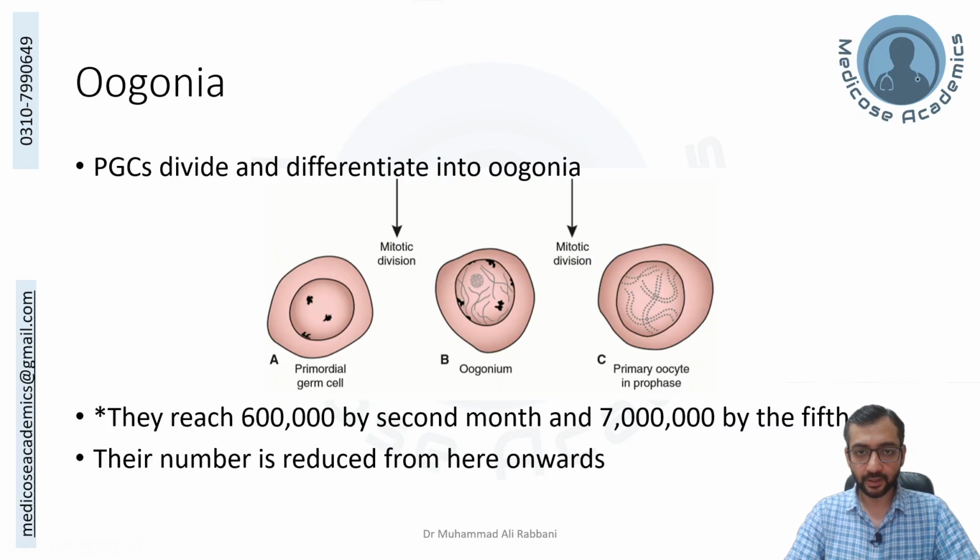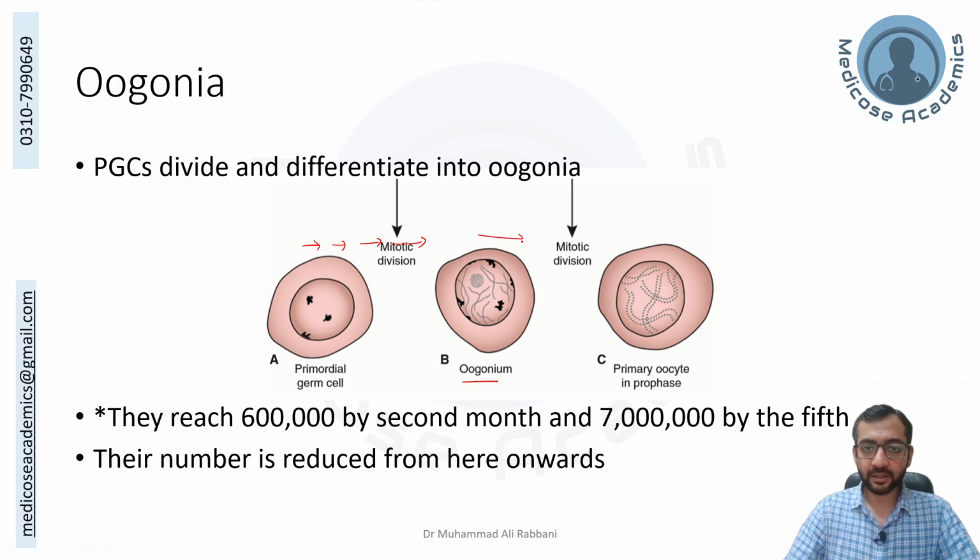Primordial germ cells divide to form oogonia, and they divide again by a number of mitotic divisions until they form the primary oocyte.